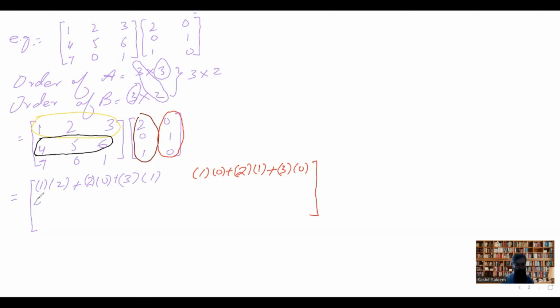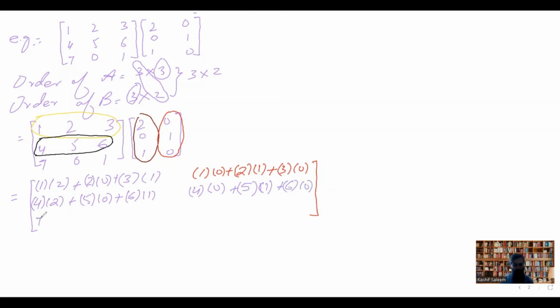So 4 multiplied by 2 plus 5 multiplied by 0 plus 6 multiplied by 1. So now the second row, second column should come here. So this is 4 multiplied by 0, 5 multiplied by 1, and 6 multiplied by 0.